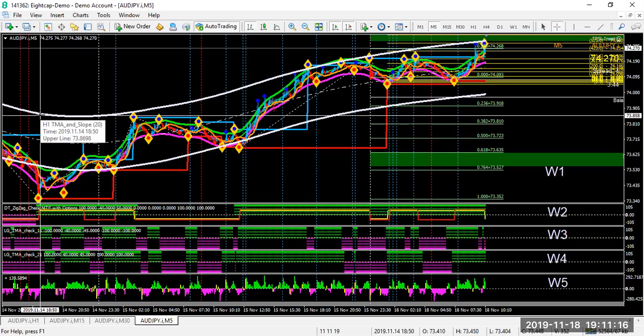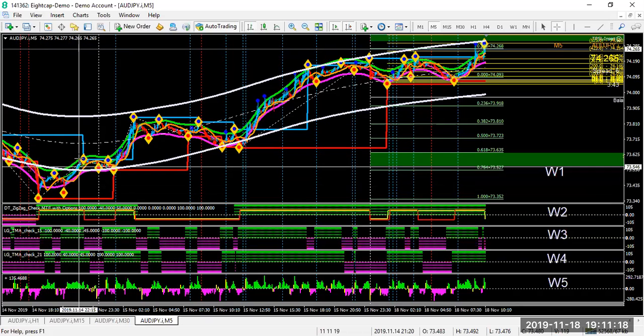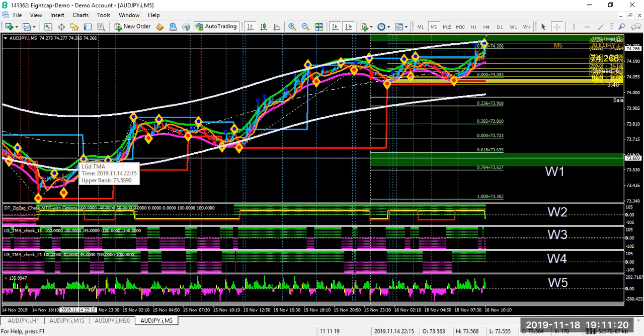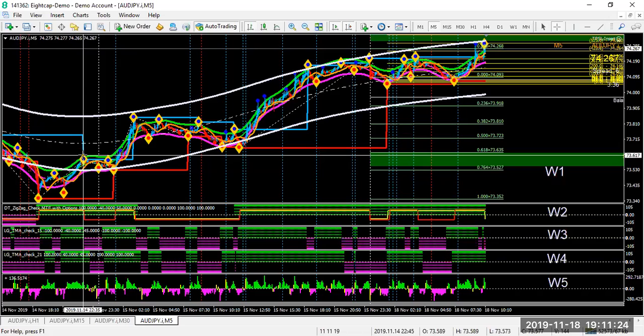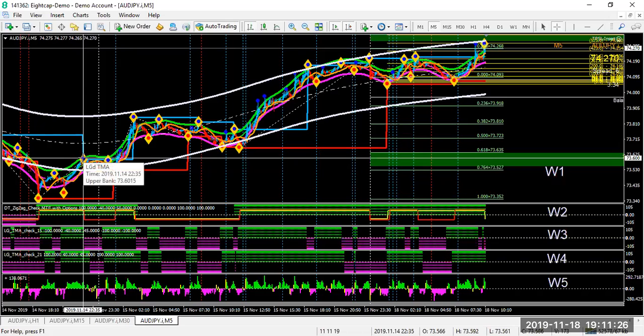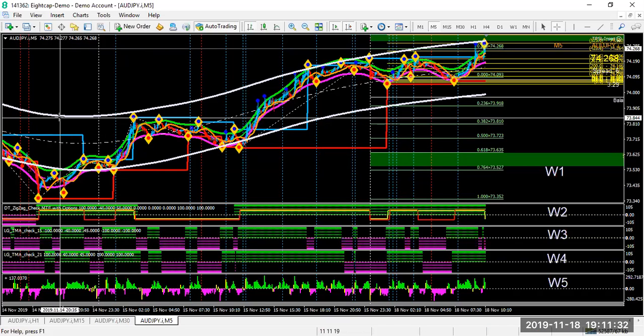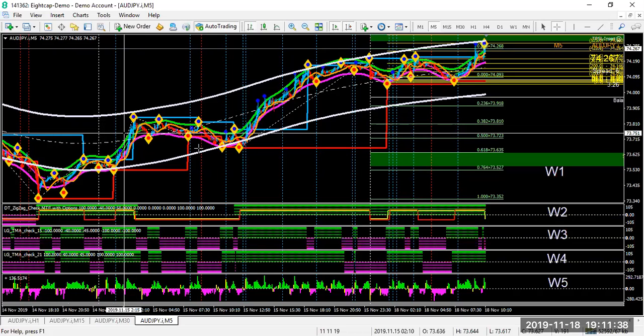But at these points here, when price has gone outside the river, you may want to take 60% of your profit and then let the rest run up here, set and forget, perhaps with a trailing stop. But these are some of the lovely things that you have at your disposal.